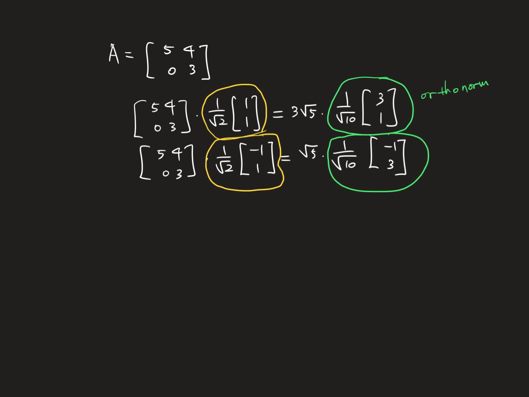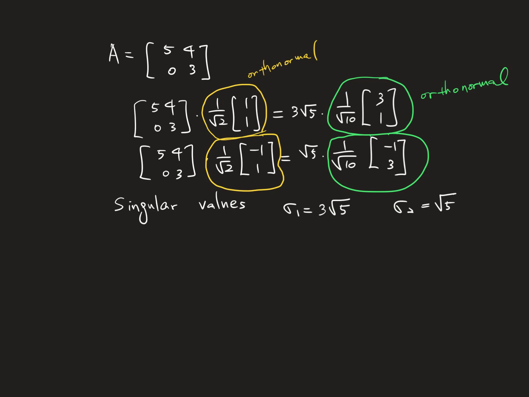Here is another set of orthonormal vectors. I mean, the length of every vector is equal to 1, and they are orthogonal to each other. In this case, we define the singular values, called sigma 1, which is 3 square root 5, and sigma 2, which is equal to square root of 5.